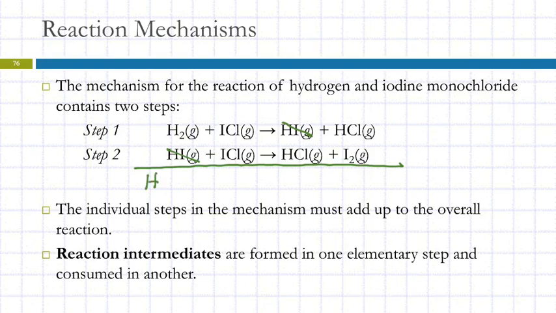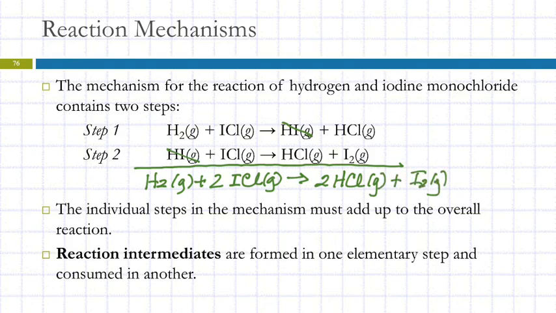So we've got H2 in the gas state and 2 ICl, and that's going to form 2 HCl plus I2. So when we have mechanisms, the individual steps have to add up to the overall equation.